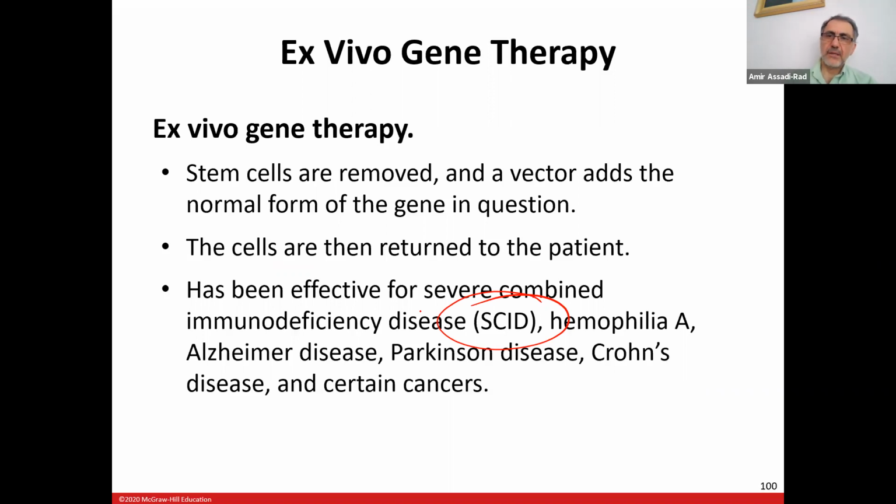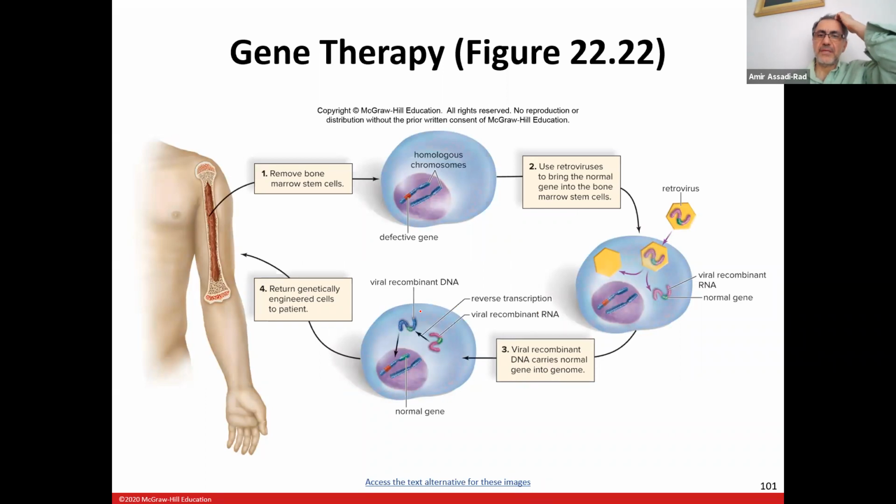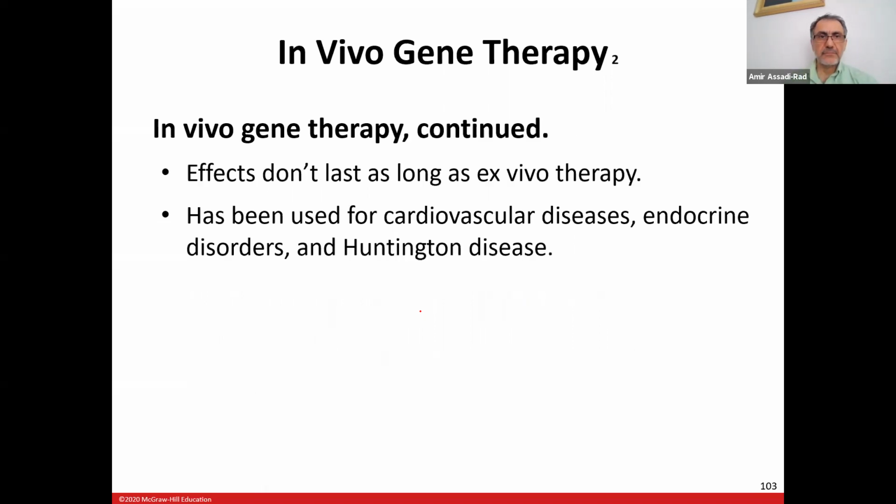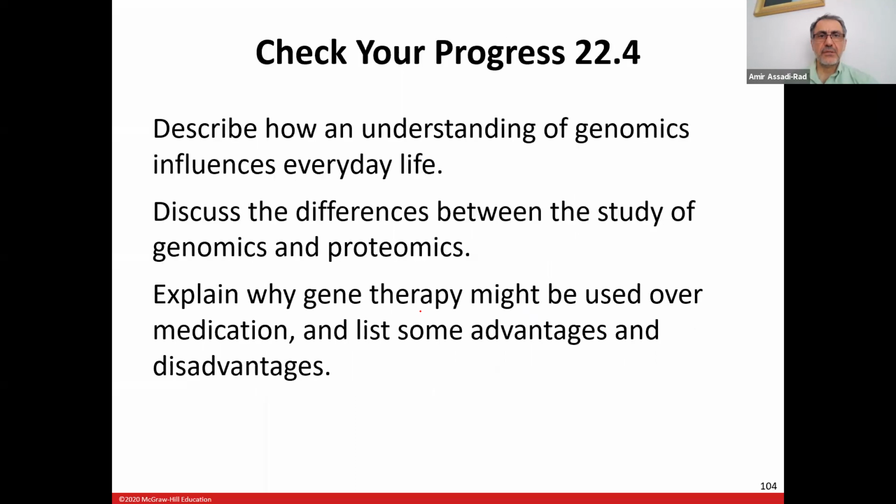It's not there yet, but scientists are hopeful. In vivo gene therapy is a little bit different, they use viruses as a vector. We talked about that to fix some of the genetic disorders. All right, guys, I hope this whole entire thing worked.